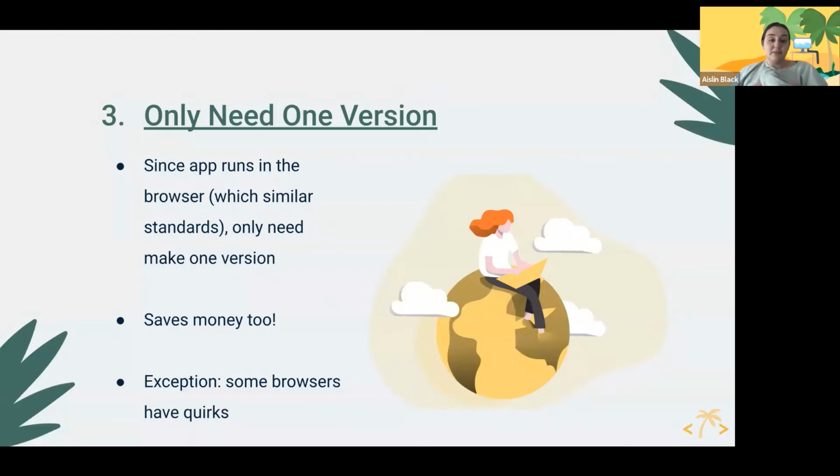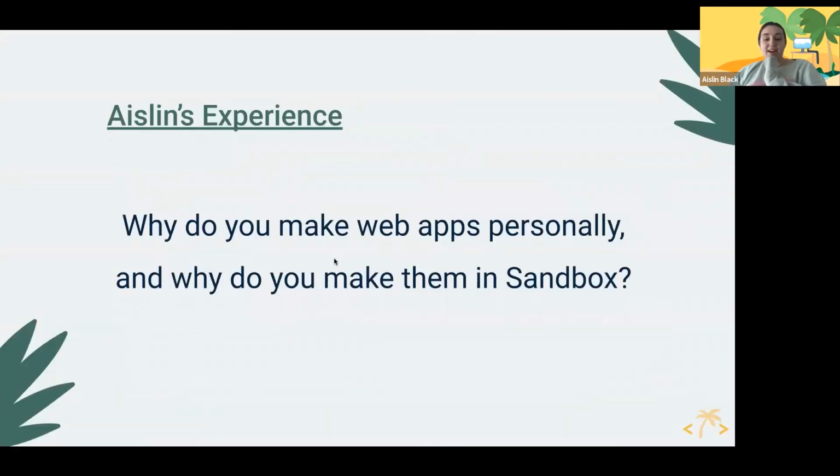And we don't want to have to figure those things out. So since the app runs in the browser, we only need to make one version. This saves money and it saves time. To be fair though, some browsers do have quirks, so sometimes you have to work around a browser. But that's okay. And I guess now we'll talk about my experience.